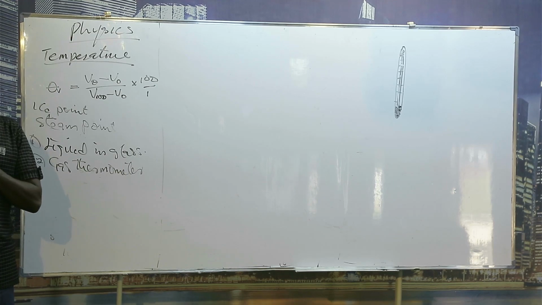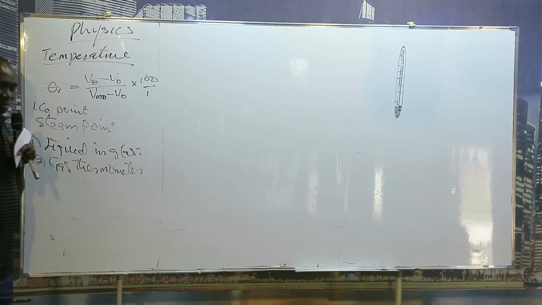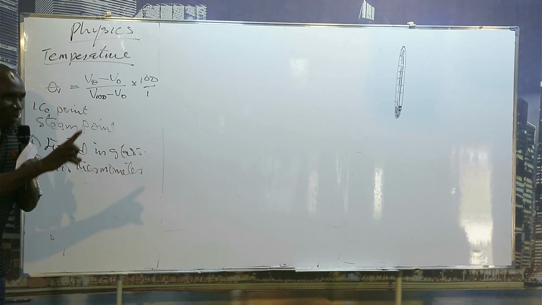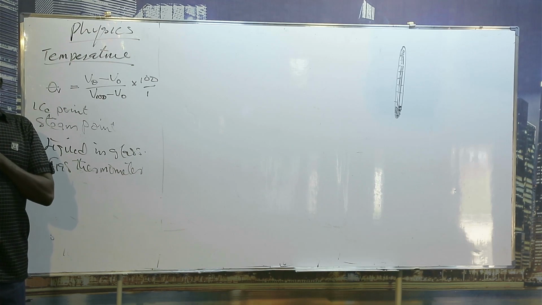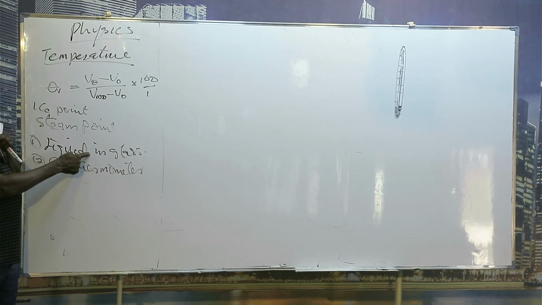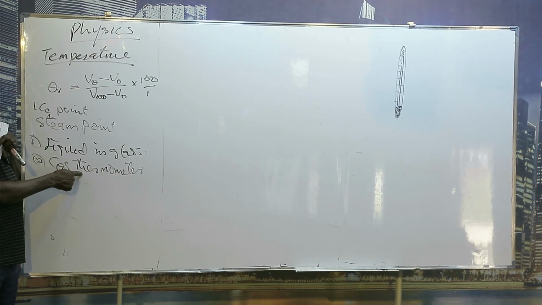Just use the word hydrogen gas or gas. It's okay. And what is the property of this thermometer? Pressure. So what is the property of the first one? Volume. The property of the second one? Pressure.